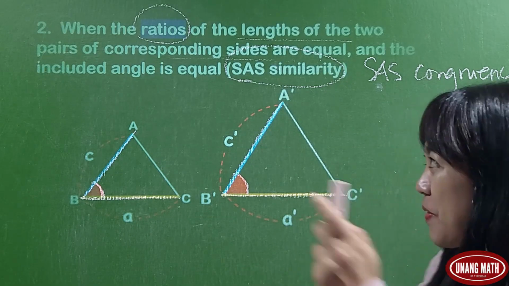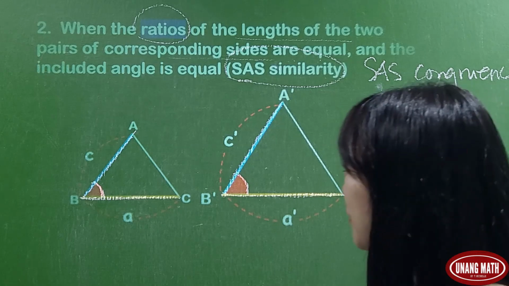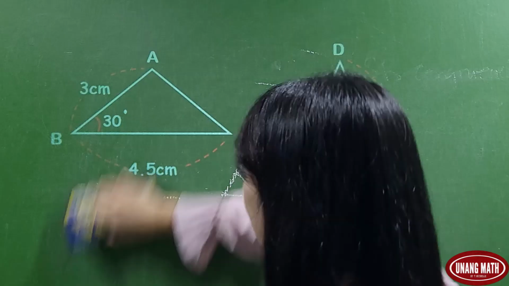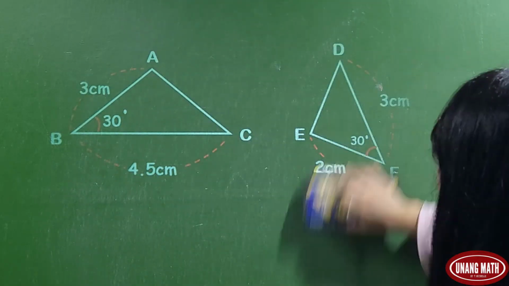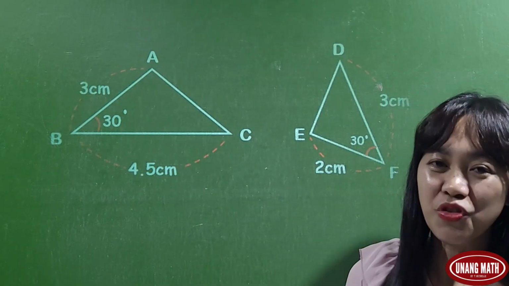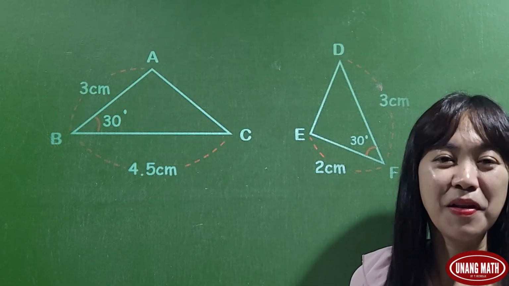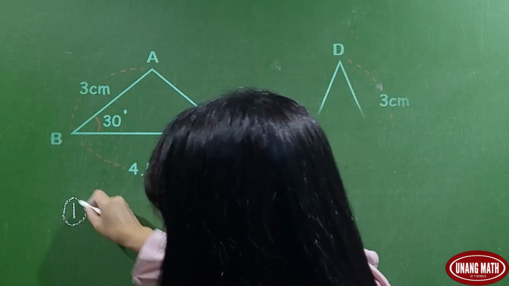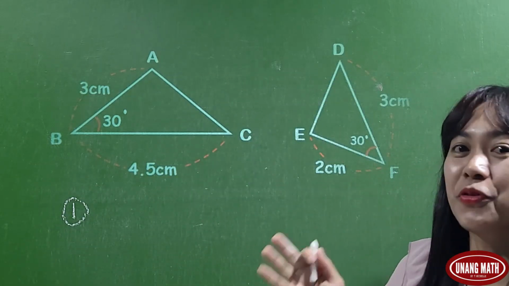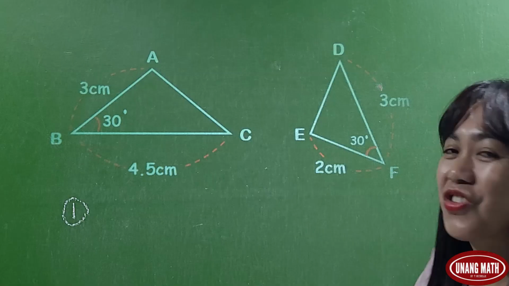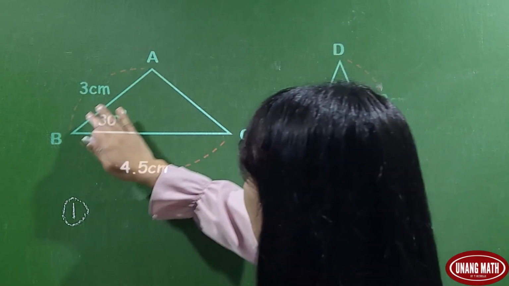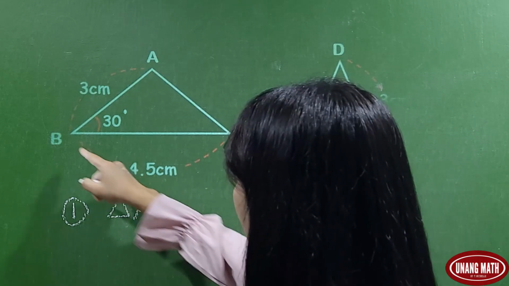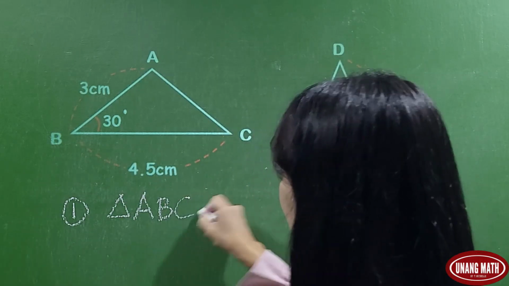For you to understand this second condition better, let's give a specific example. Let's find out if these two triangles are similar figures. Again, the first thing we need to do is name these triangles. First, let's name this triangle ABC.